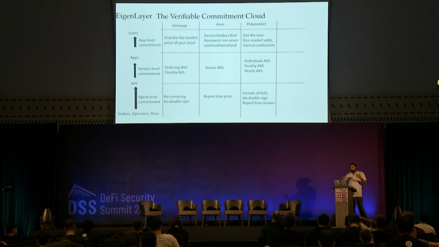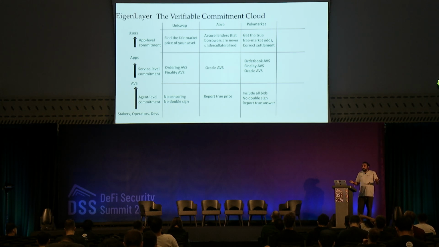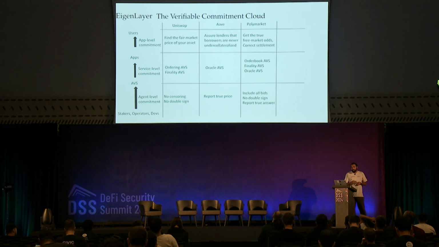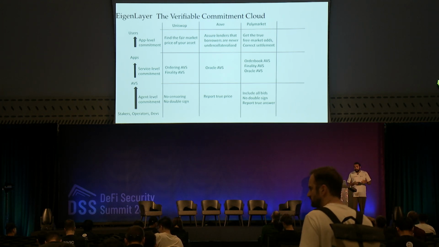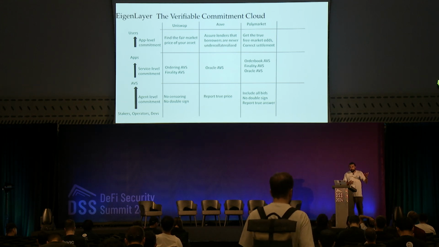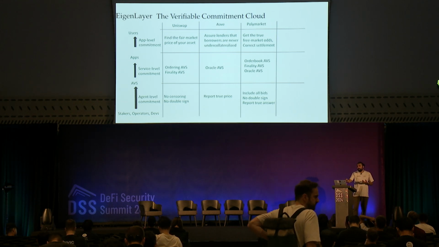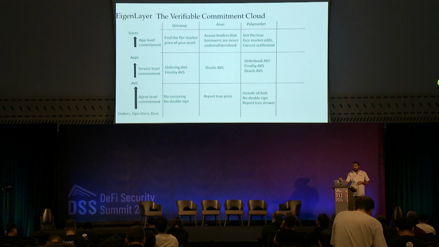And these are at that AVS level, and then you can have app level commitments depending on the app that you're trying to build, right? So if you're Uniswap, I make an app level commitment to make sure I always have fair ordering and finality. And so you can see how it applies for Aave and Polymarket, right?